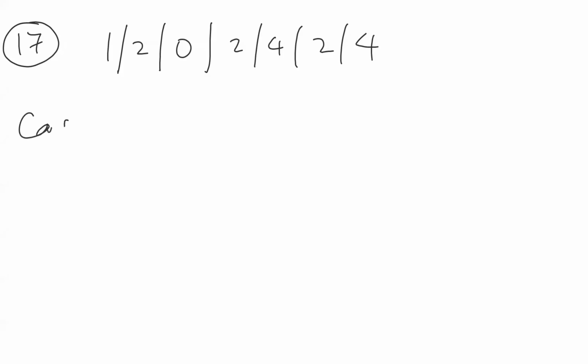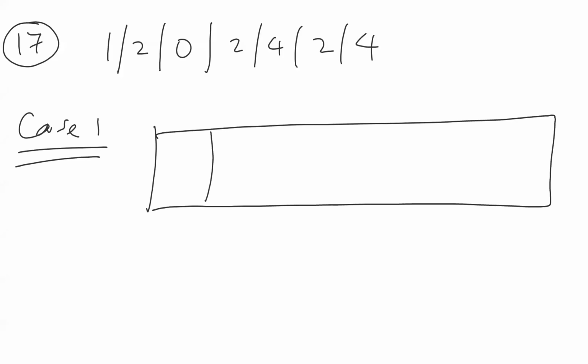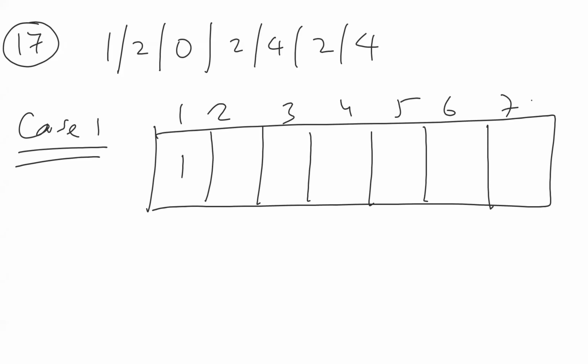So case 1, let the 7-digit number start with 1. This is the first case. Last digit is the units place. Now 1 is already utilized, and the place is fixed and the object is also fixed. Object at place number 1 is fixed and that object is 1.